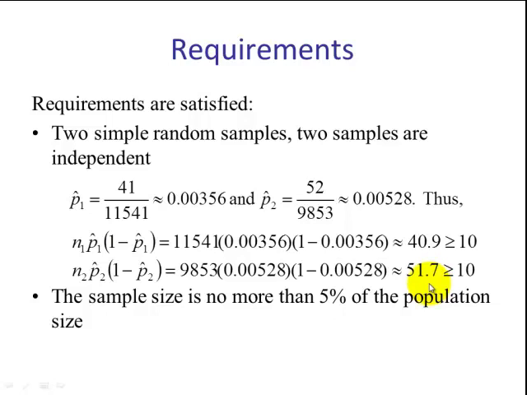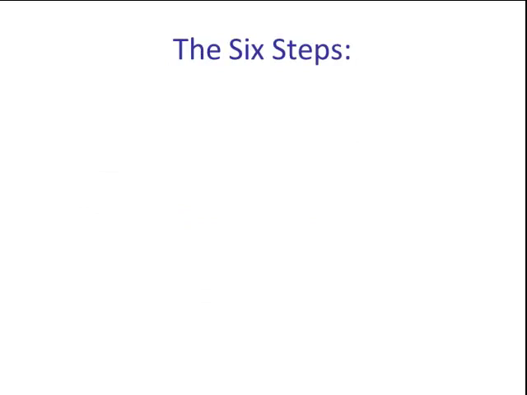So the second assumption is satisfied, and the third one, the sample size is no more than 5% of the population size. That is true if the population is all drivers, with airbags and without airbags. So our assumptions are satisfied.